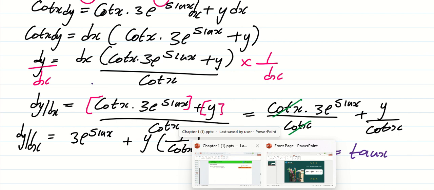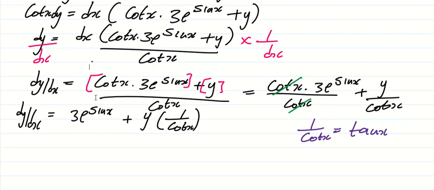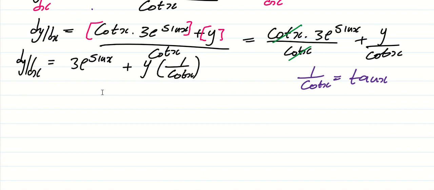So you'll see that this is our linear equation. It's getting there. The original equation for linear equation is dy over dx plus p of x y equals to q of x. So it will get there.